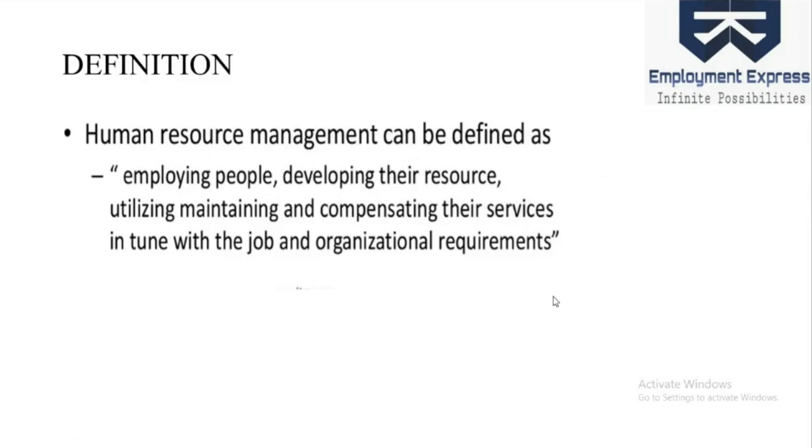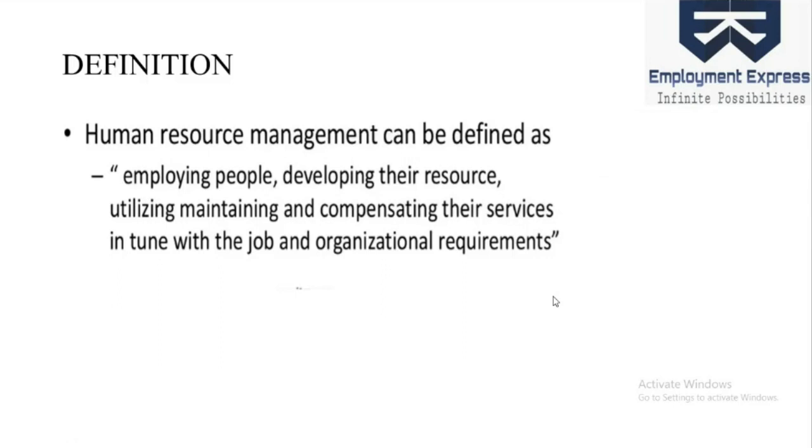We have to check how many candidates, for example, we need in our company, and at what post. After that, we take the interview, we complete the onboarding process, and we start their training.